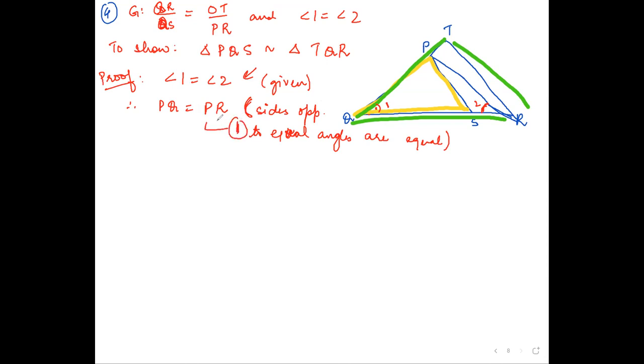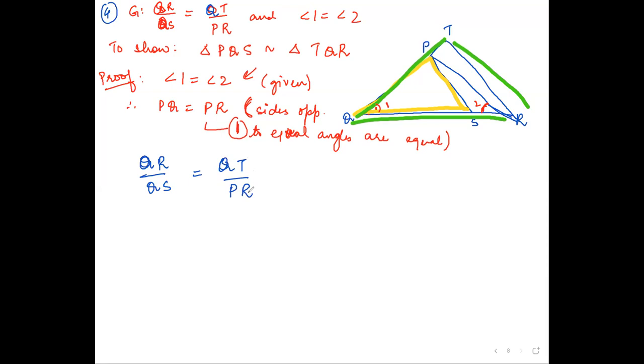Now come to the second given condition. Again, it is given that QR upon QS is equal to QT, not OT, I'm sorry, Rida, QT upon PR.